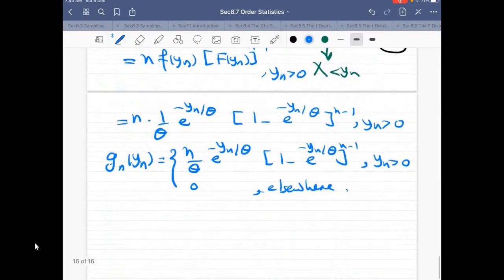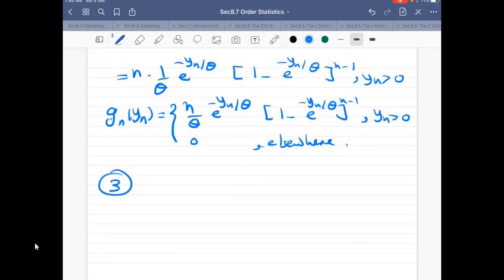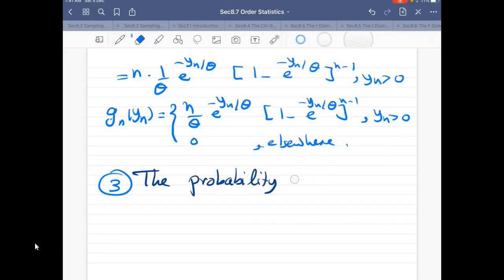Okay, next, the joint density between the maximum and the minimum. Oh, sorry, we need to get the probability density for the median.